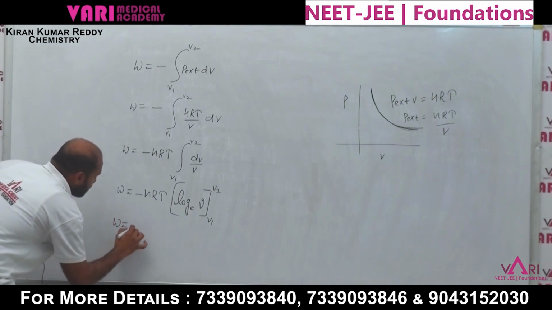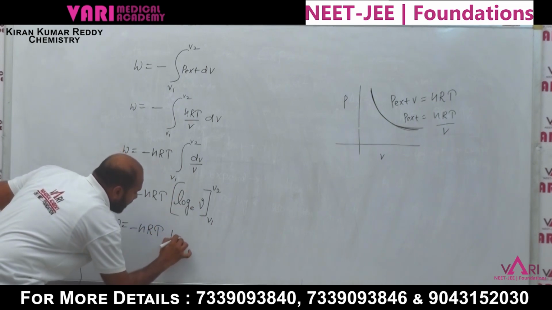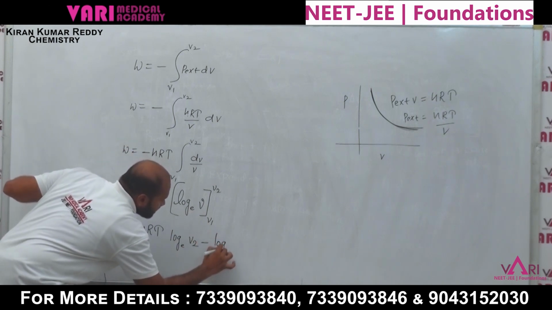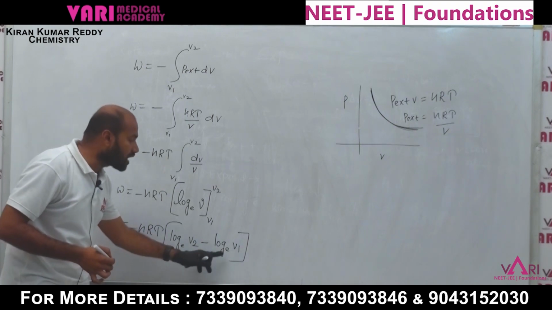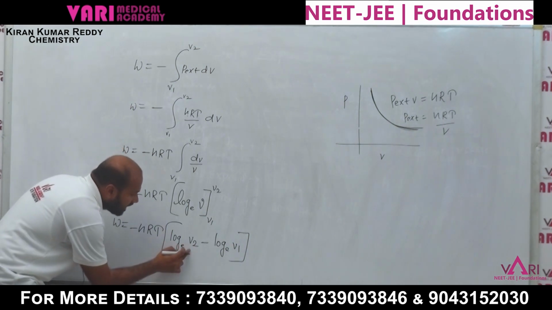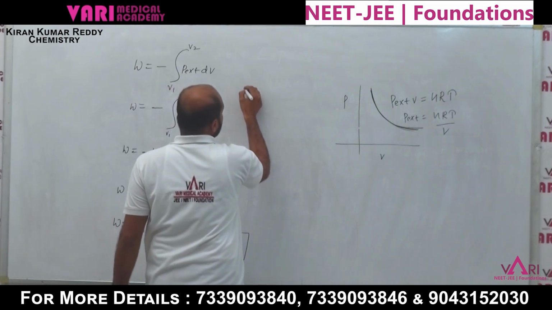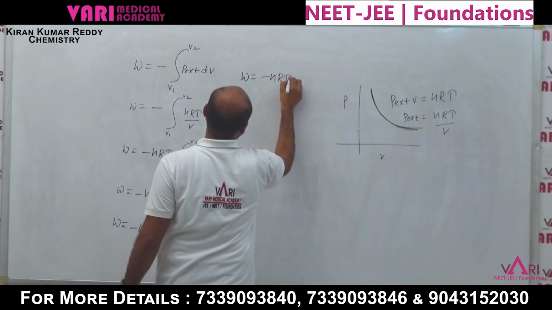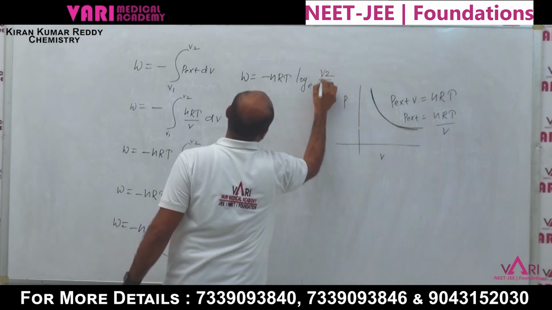Now W is equal to minus nRT times log base e V2 minus log base e V1. Remember, students: log A minus log B is log A by B. So W is equal to minus nRT log base e V2 by V1.